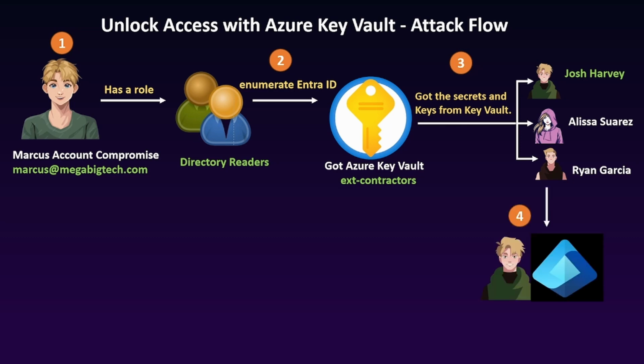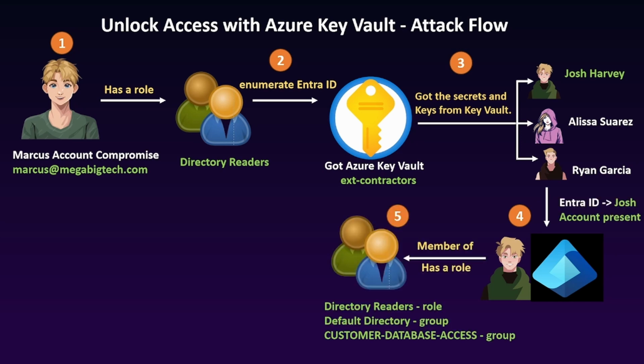Okay, next we have checked whether any of these contractor accounts were present in Entra ID, and we have found that Josh's account is present and it is still active, and Josh is also a member of the default directory group and the customer database access group, and he also holds the directory reader role.